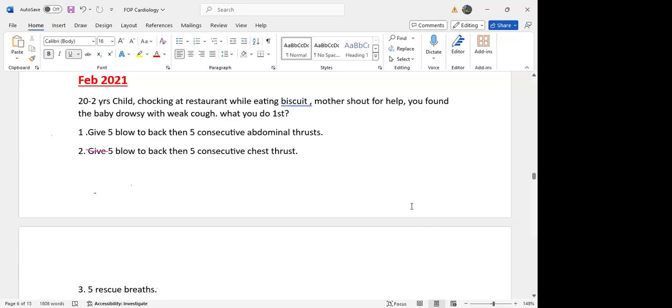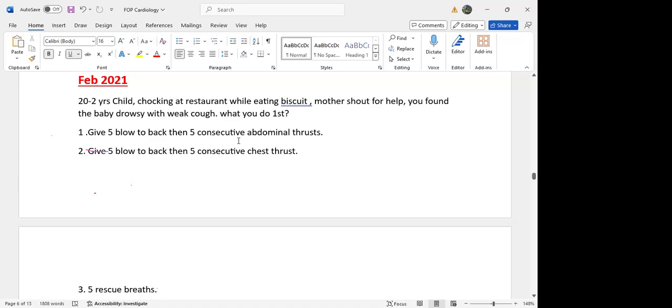Then after 1 year, very important, you will go for the abdominal thrust. You will give 5 blows to the back and then 5 consecutive abdominal thrusts. The chest thrusts are only for under 1 year, for infancy.